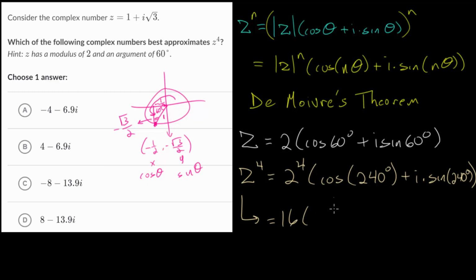We have 16 for the new magnitude of our complex number, multiplied by minus 1/2 for the cosine of 240, plus i times minus root 3 over 2. So actually, let's just subtract i times root 3 over 2, and we can distribute the 16 to both of those.